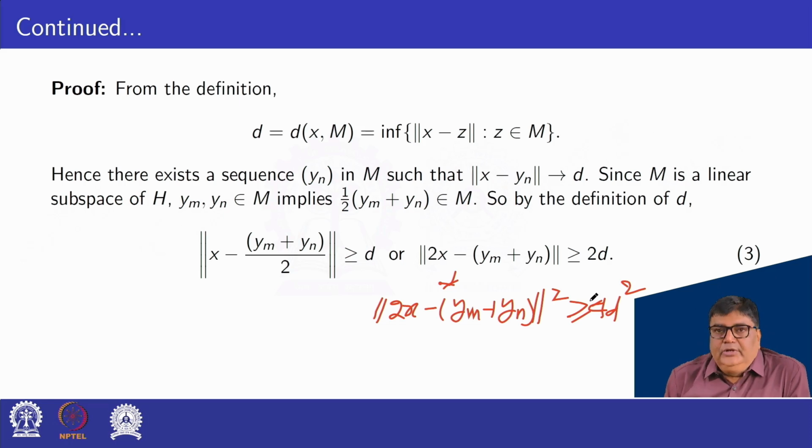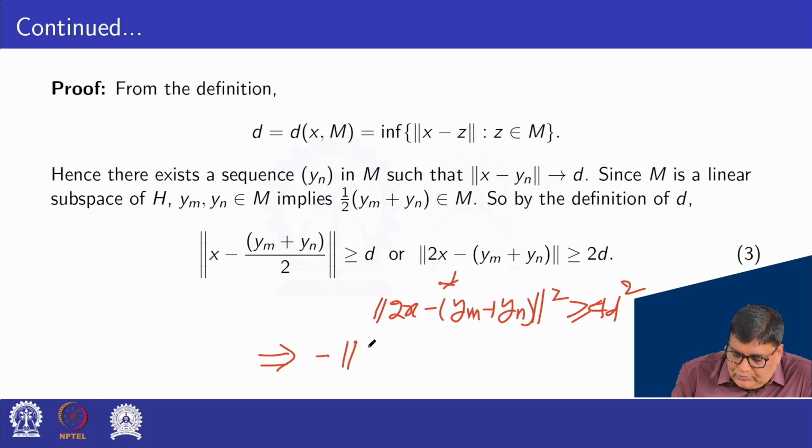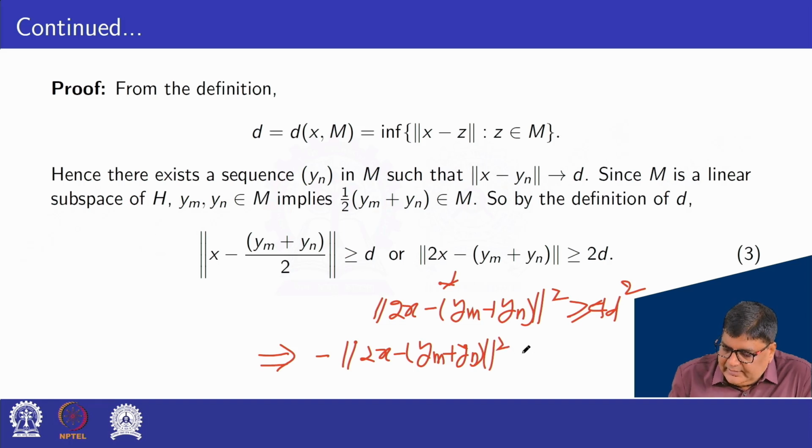Okay, multiplying both sides by minus 1, this can be written as minus norm of 2x−(ym+yn) squared is less or equal to minus 4D squared.